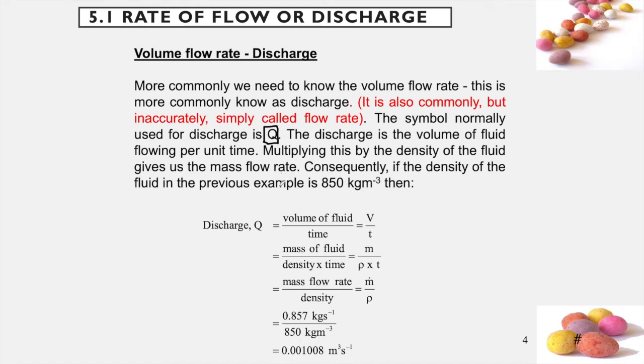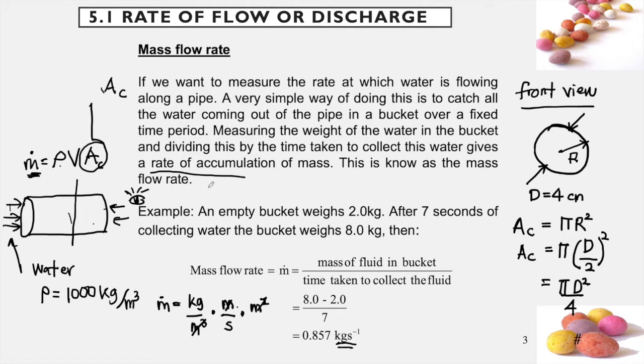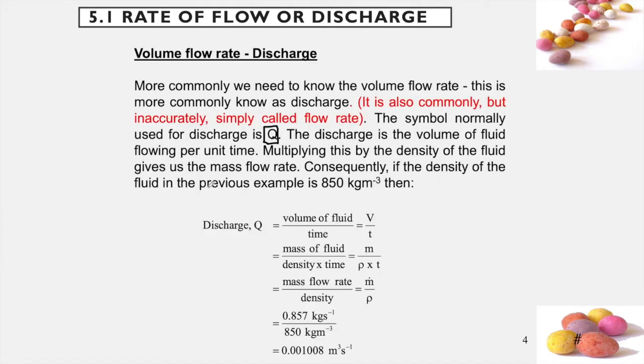Consequently, if the density of the fluid in the previous example is 850 kilogram per meter cubed, and this example refers to the previous example, then to find the discharge, we know that the discharge unit is meter cubed per second. Q unit is meter cubed per second.